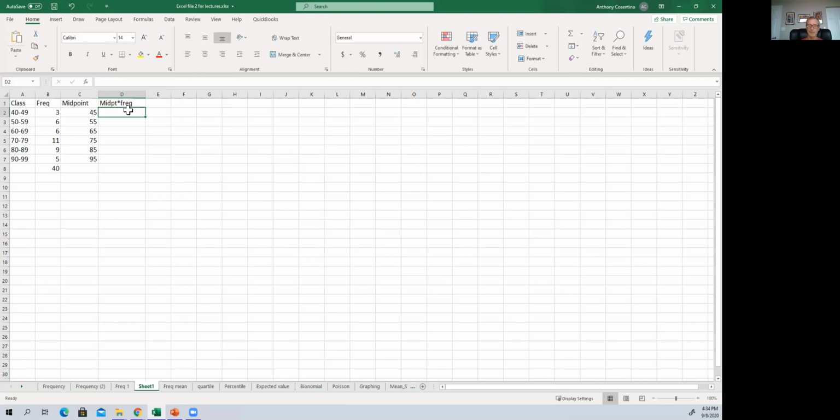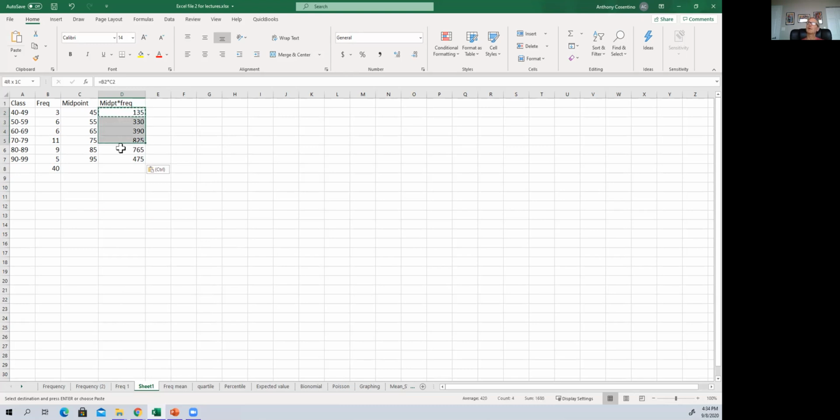That would just be the multiplication of that 3, which I highlight that cell, times 45, and that would be 135. Or you could add 45 3 times, and you could add 55 6 times, 65 6 times, et cetera, et cetera. So again, the beauty of the spreadsheet, we could cut and paste the formulas, and away you go.